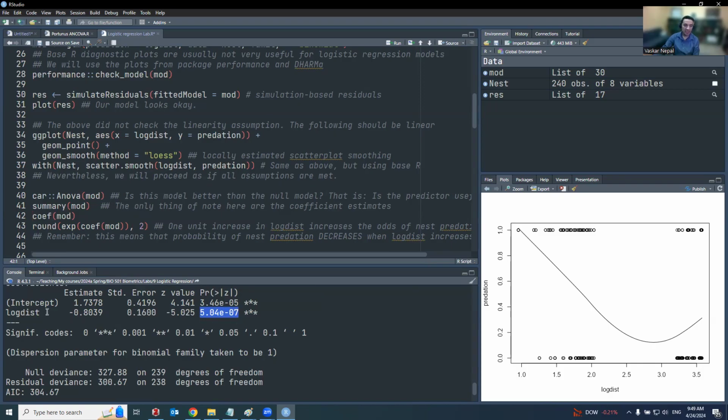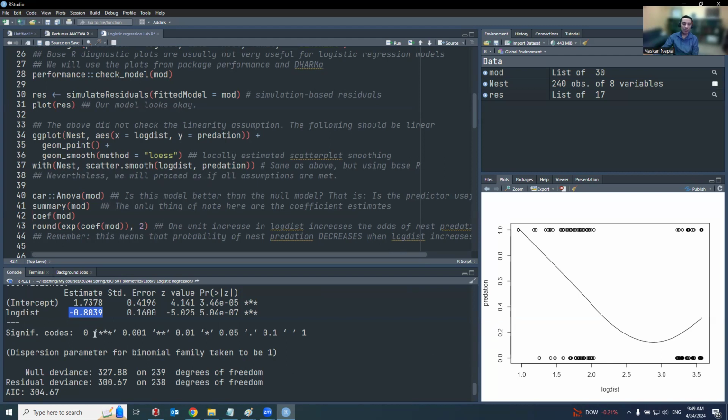This tells us that for log dist, instead of having a straight line, our line has some slope, and this slope is different from 0. There is actually an increase or decrease, but it is significantly different from 0. It is not flat.